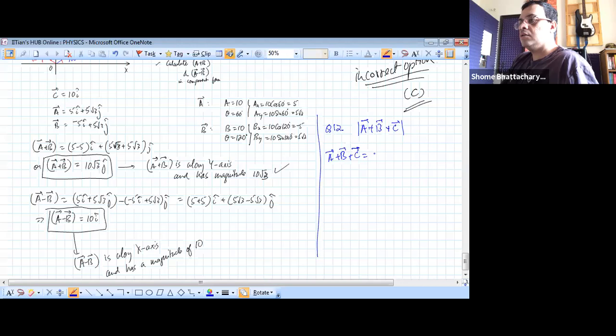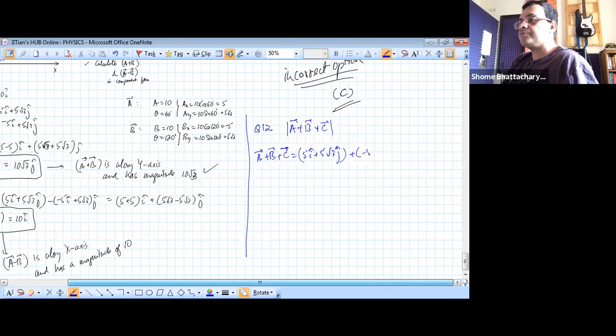So it is 5 i cap plus 5 root 3 j cap plus B is minus 5 i cap plus 5 root 3 j cap plus C is 10 i cap.